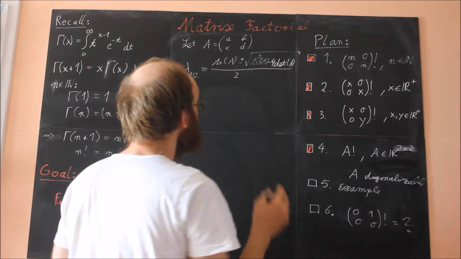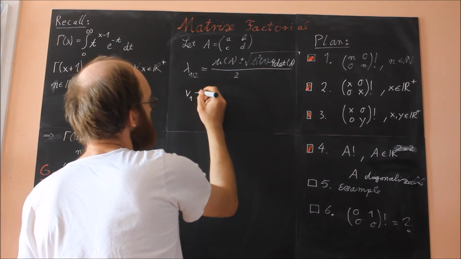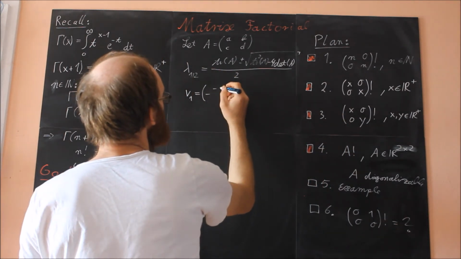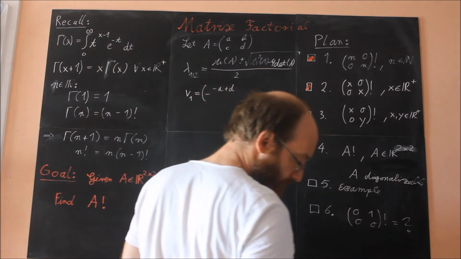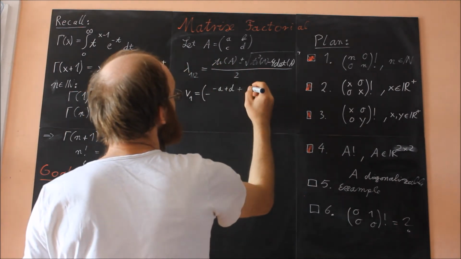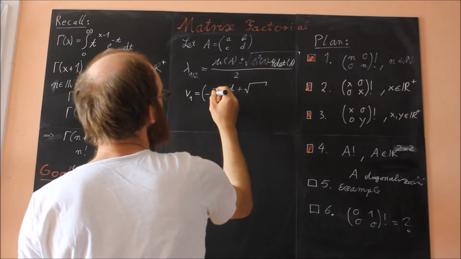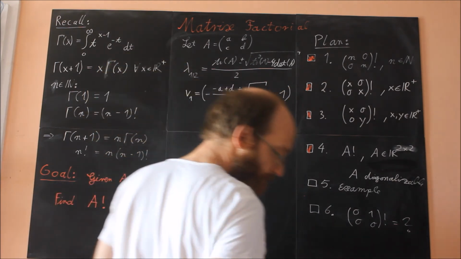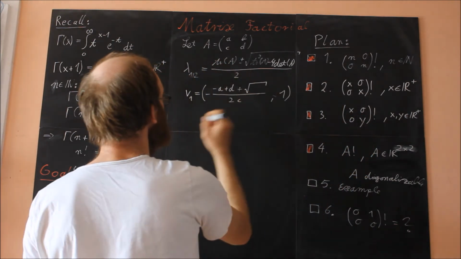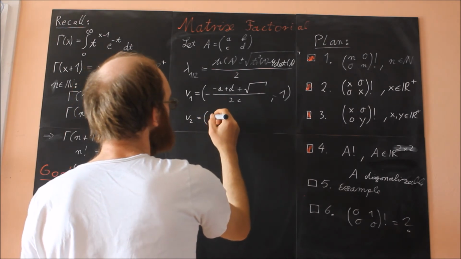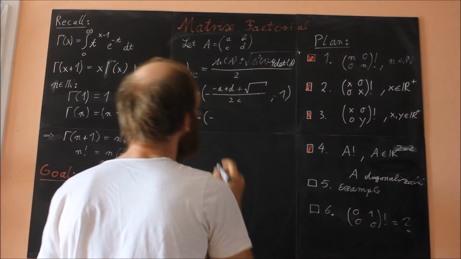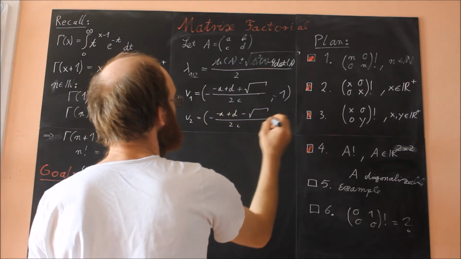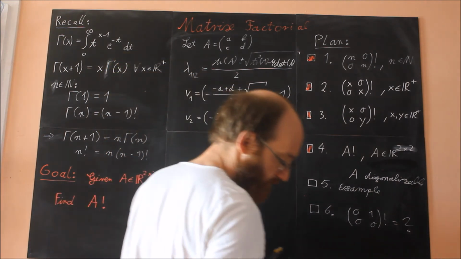therefore the eigenvectors, we can compute the eigenvectors. V1 is the vector minus A plus D plus this square root from above all over 2C and entry 1, and V2 is similar, minus A plus D minus the square root all over 2C and also 1.